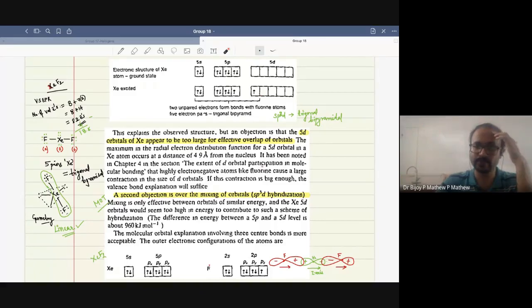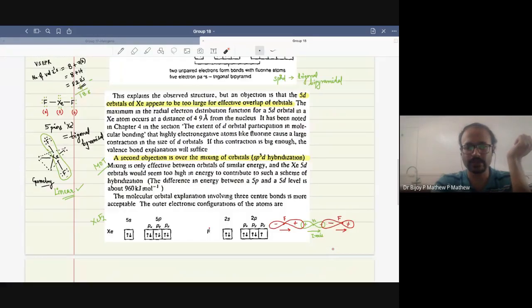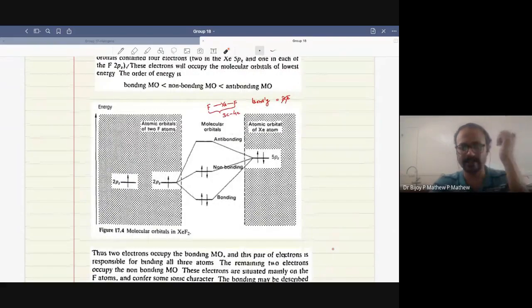So the concept of MOT came into being, that is, molecular orbital explanation, where we talked about the bonding between the pz orbital of the xenon and the pz orbitals of the two fluorine atoms. Since pz is directed along a single axis, obviously the geometry automatically becomes linear. So that way we also discussed the molecular orbitals for XeF2.